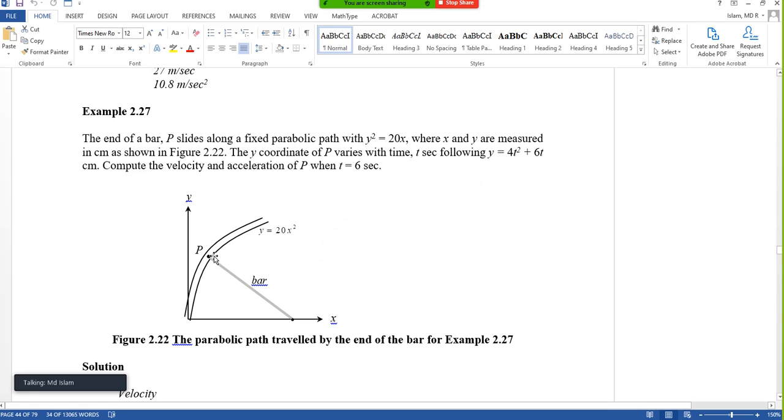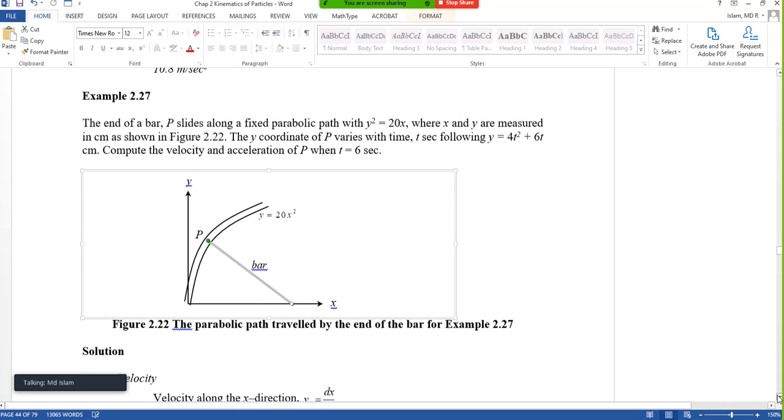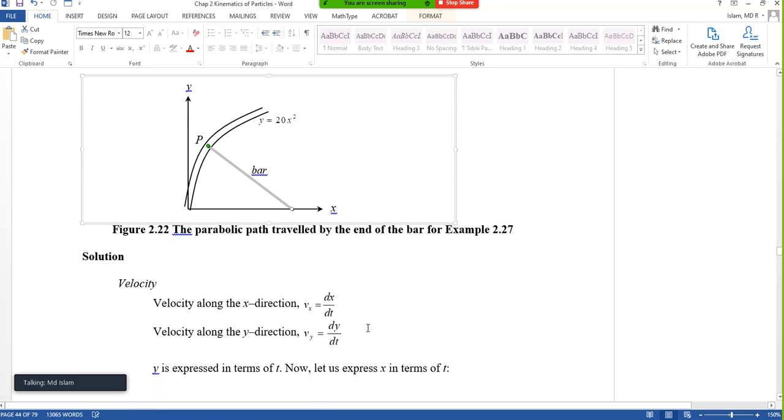That means when this bar is moving that way, the moving rate for y is given by this equation. So it has two equations. So now what will we do? We will do both separately: Vx is dx by dt, Vy is dy by dt.